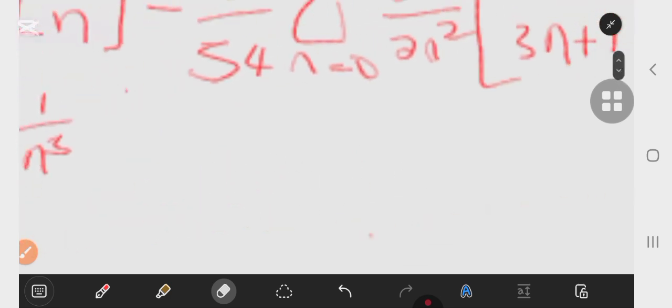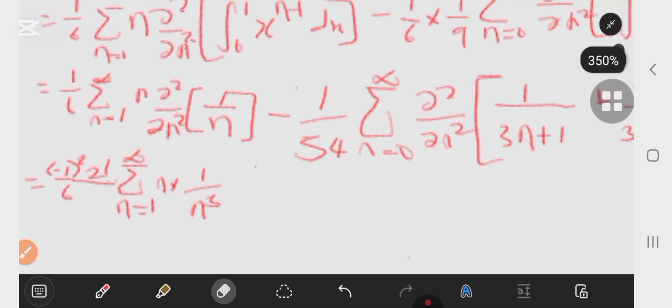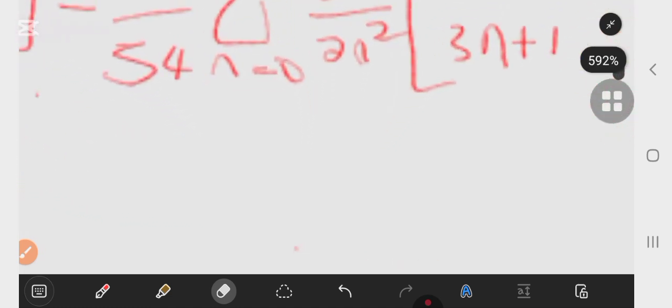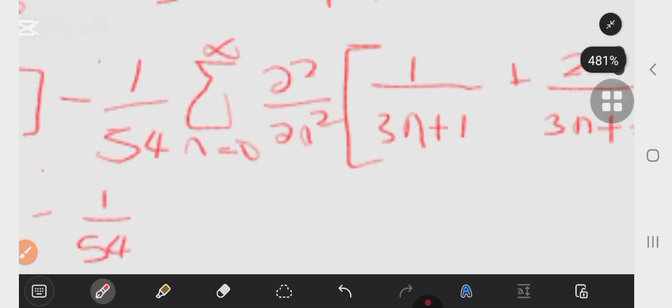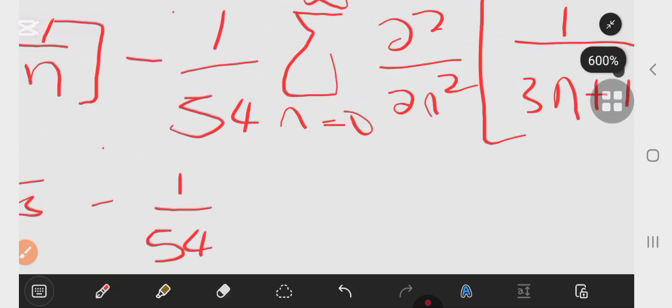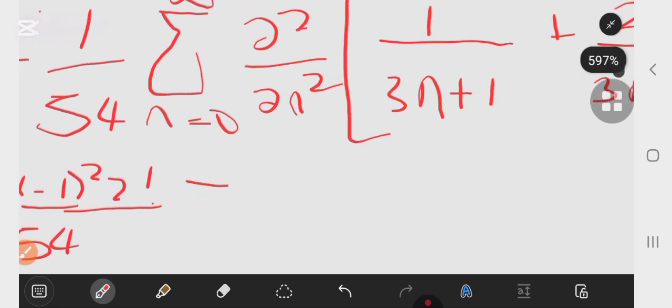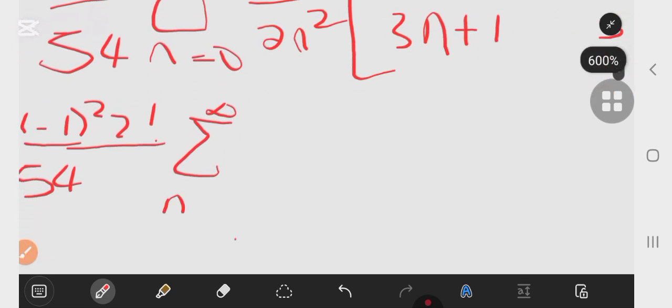Okay, now on the other part, I'll have this. My writing is not balanced. I'll have 1 over 54. Still the same derivative here, I'll have minus 1 squared multiplying 2 factorial into the sum to infinity of n starting from, okay, I skipped something.